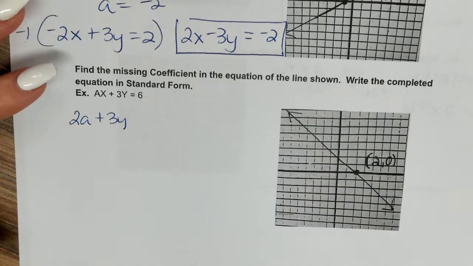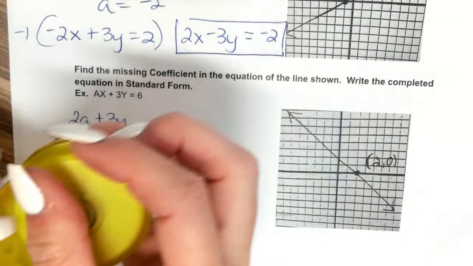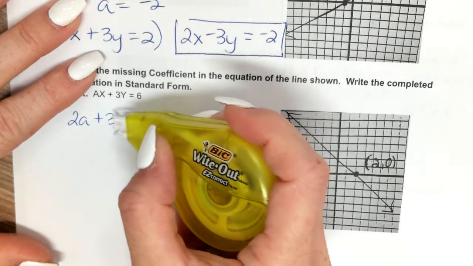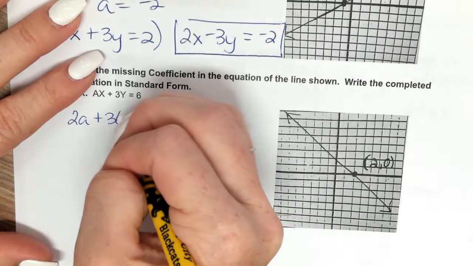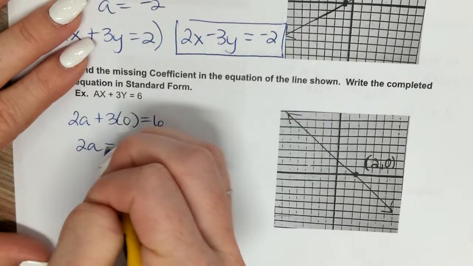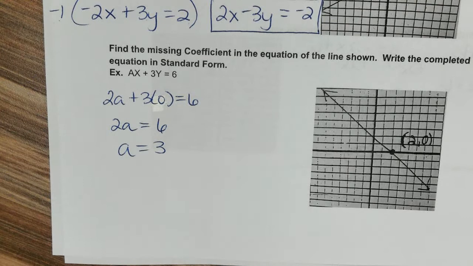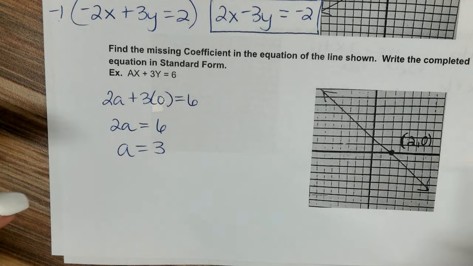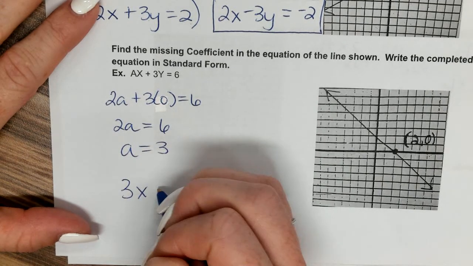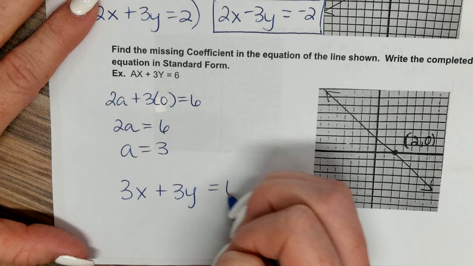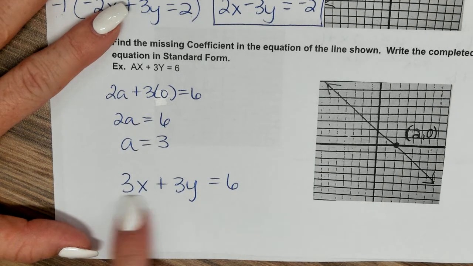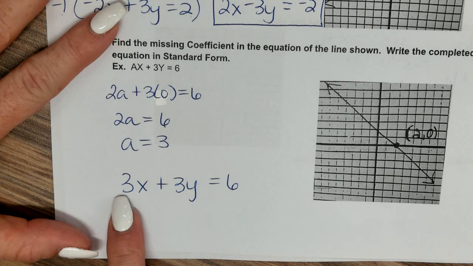All right, check to make sure you set it up correctly. Now that I know A, can I write it in standard form? So 3x plus 3y equals 6. Do I need to change this equation to an equivalent equation, or is it in correct form?